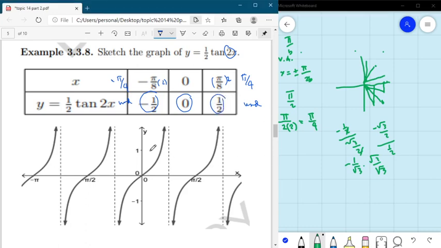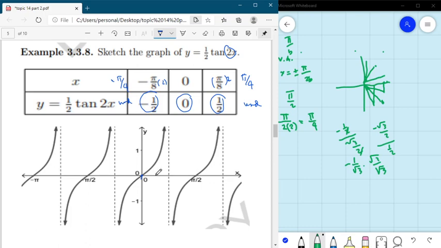So it is undefined at pi over 2, and it is 0 when x is 0. Then pi over 8 is between 0 and pi over 4.